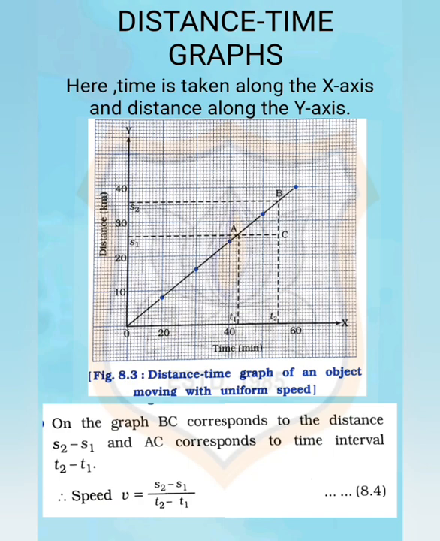Now on the graph, AC denotes the time interval T2 minus T1, while BC corresponds to distance S2 minus S1. We can see on the graph that as the object moves from point A to B, it covers a distance S2 minus S1 in time T2 minus T1. Therefore, the speed V of the object can be represented as V is equal to S2 minus S1 upon T2 minus T1.